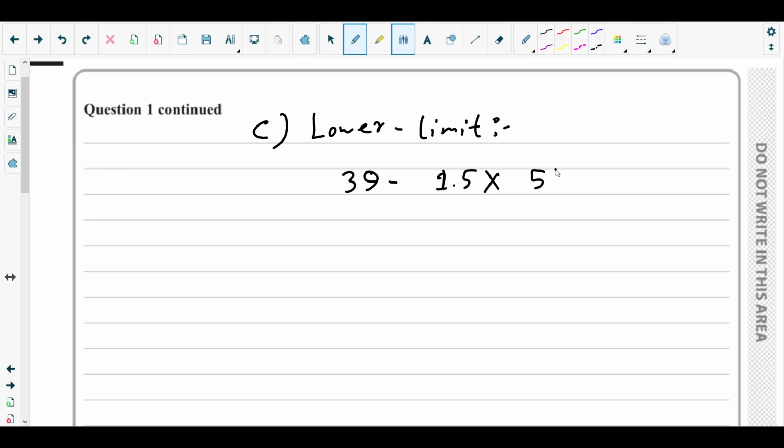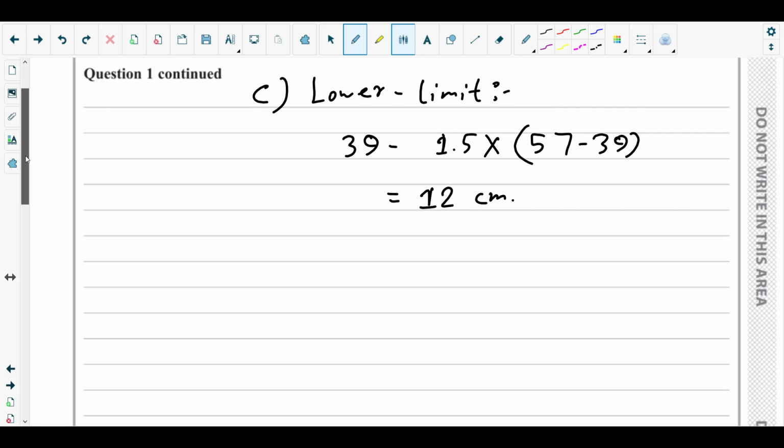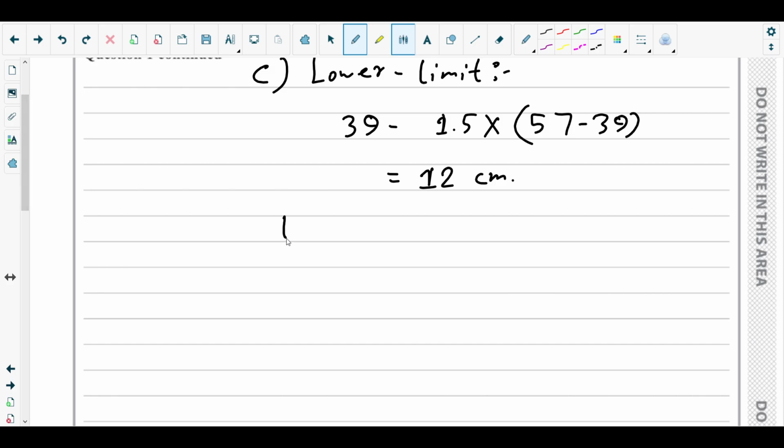Q1 was 39, and Q3 is 57. So the lower limit is 39 minus 1.5 times 57 minus 39. That is 39 minus 27, which is 12. Fine. So 12 centimeter is the lower limit.